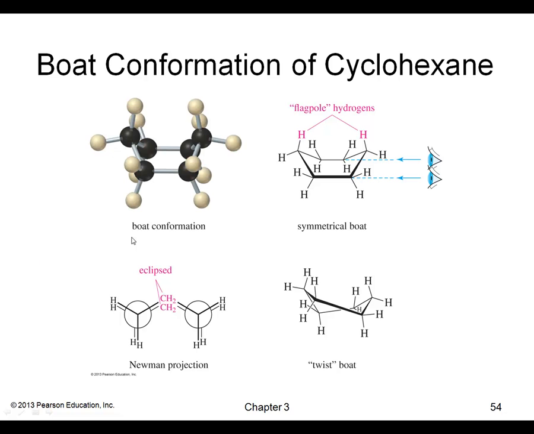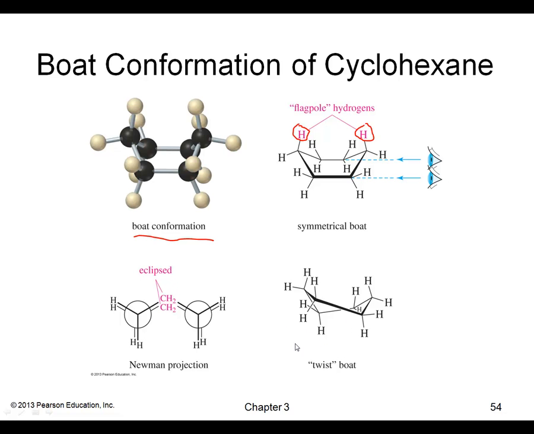It can also adopt what's called the boat conformation, where 2 sides lift up toward each other. When you do, these 2 internal hydrogens, called flagpole hydrogens, can get a little close to each other, and can bump a little bit.